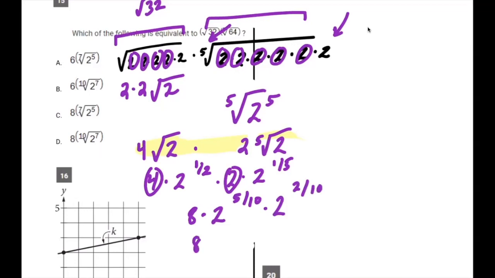This becomes 8 times 2 to the 7/10. And then we just compare to our answer choices. Those are our choices basically, because we eliminated the options with the 6 out front because there is no 6 out front. And it turns out that it is answer D. So there are multiple ways to approach that question. As you can see, process of elimination can get you pretty far as well.